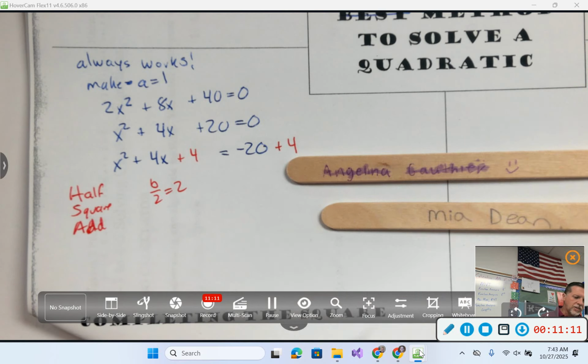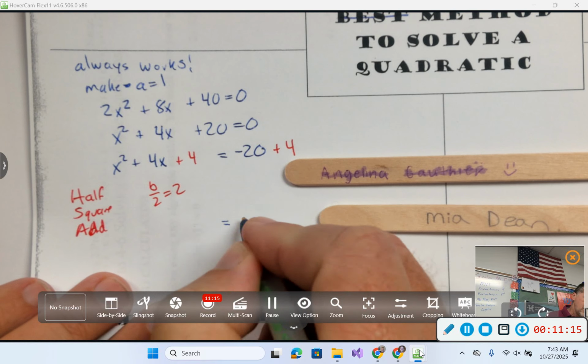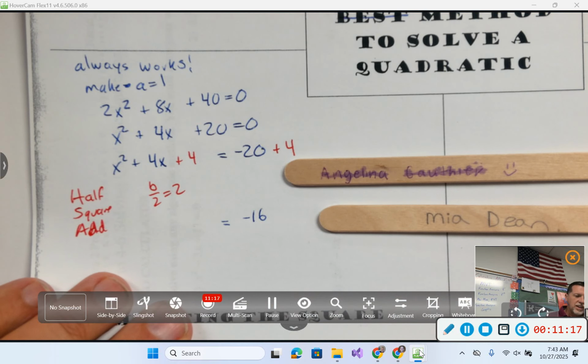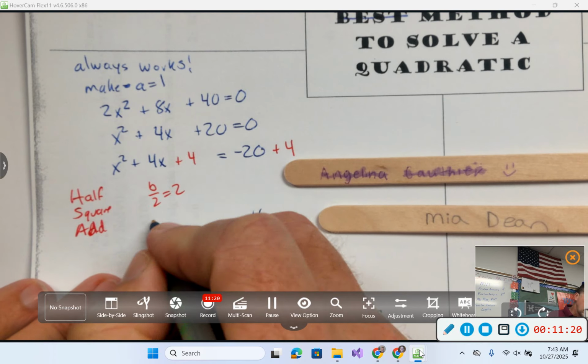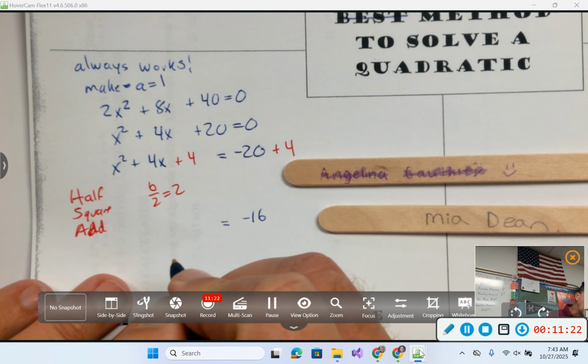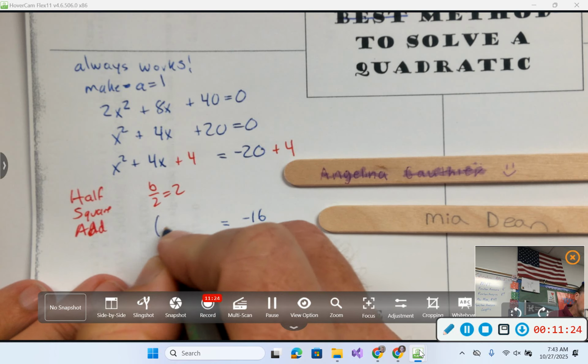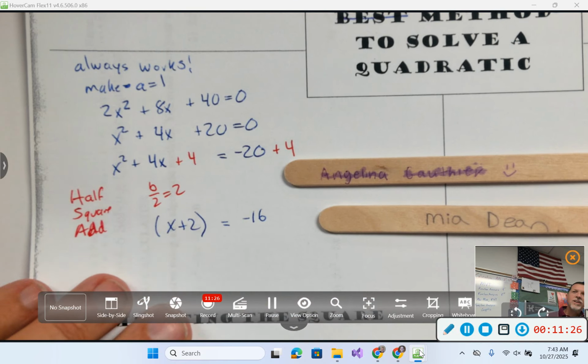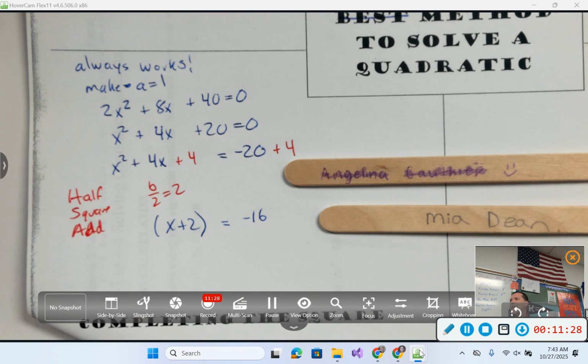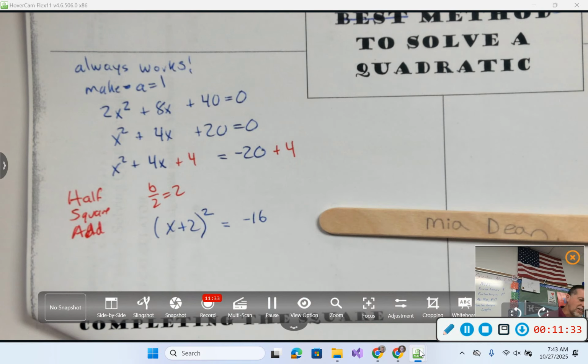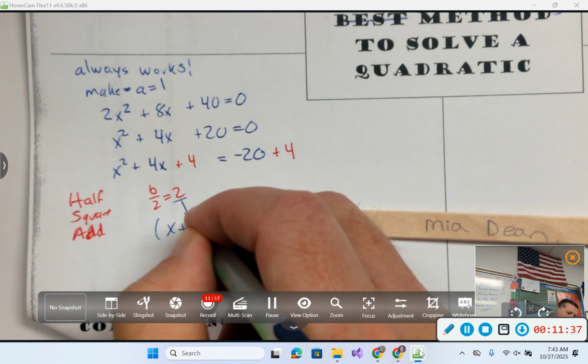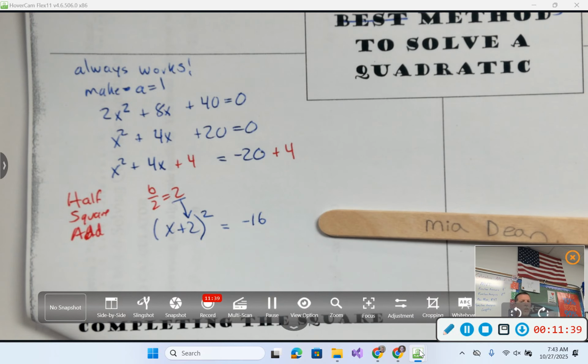Angelina, what would you like to do next? So what's on the left-hand side? X plus 2? Good. X plus 2 squared equals negative 16. Right? Because it always factors with b over 2. Mia, what would you like to do next?